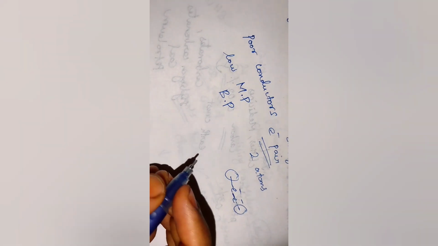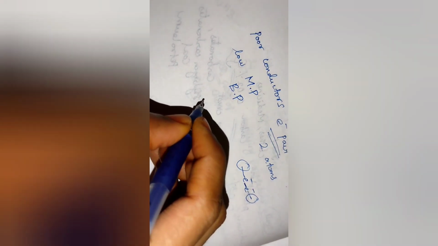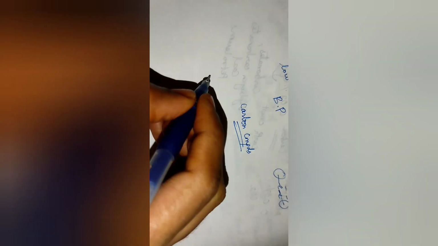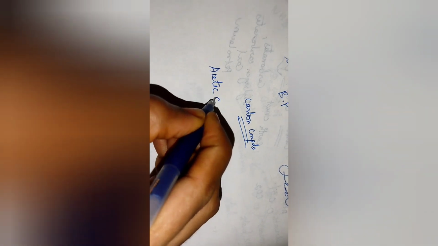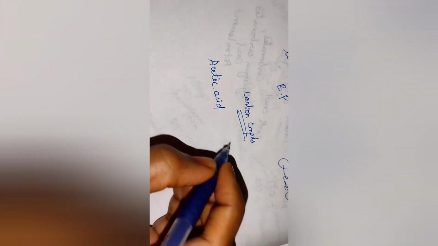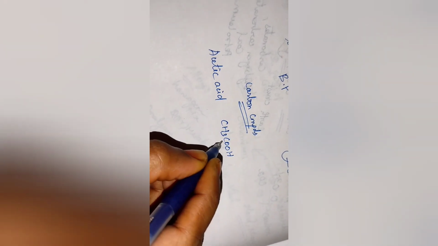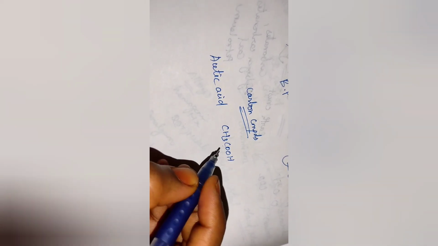For example, some of the carbon compounds. Example, acetic acid. What is the formula for acetic acid? CH3COOH. It contains carbon here. It is an example of a carbon compound.